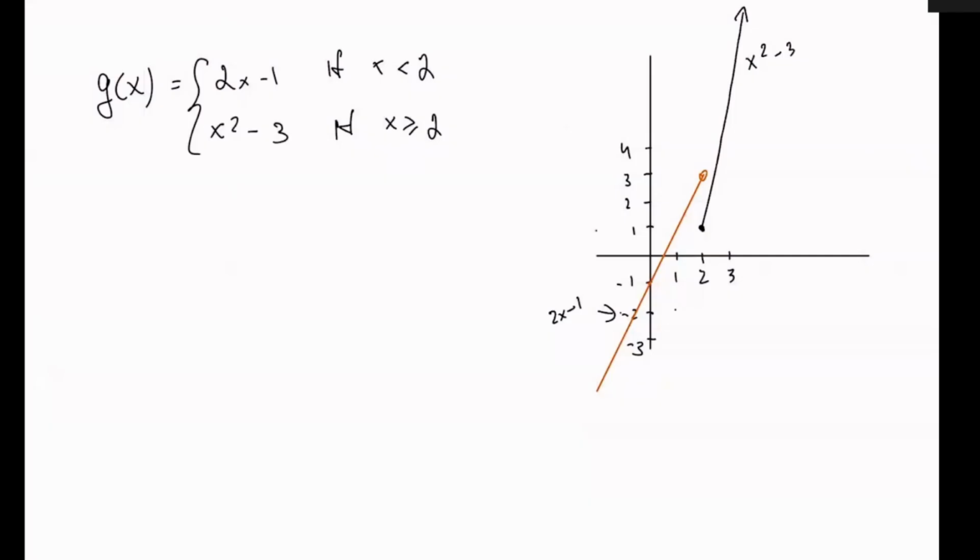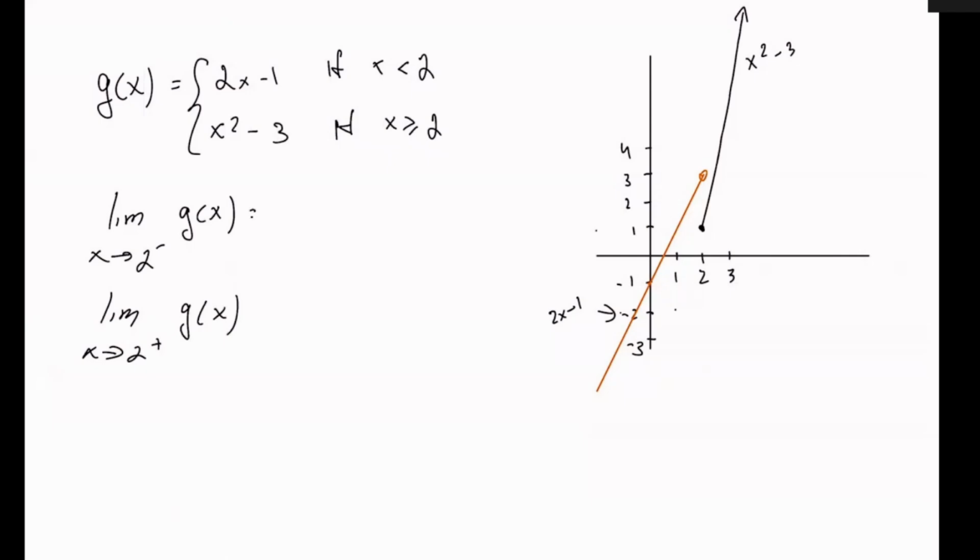Okay, so we are interested in the limit as x approaches 2 from the left side and the limit as x approaches 2 from the right side, and see if the limit exists.